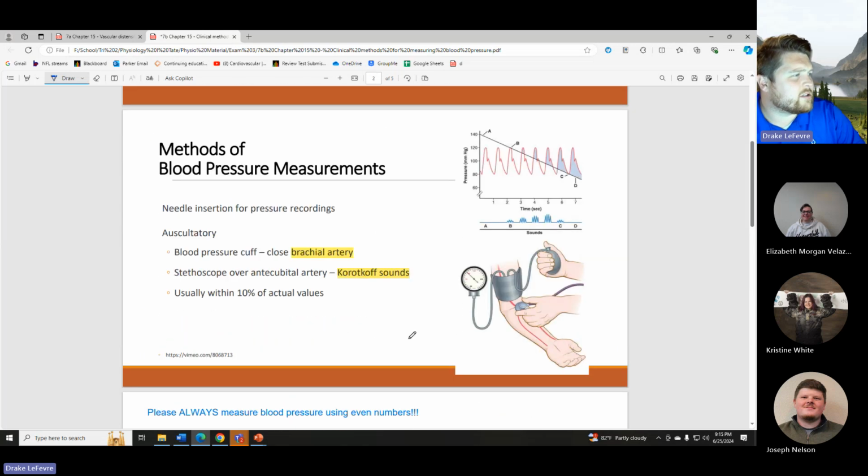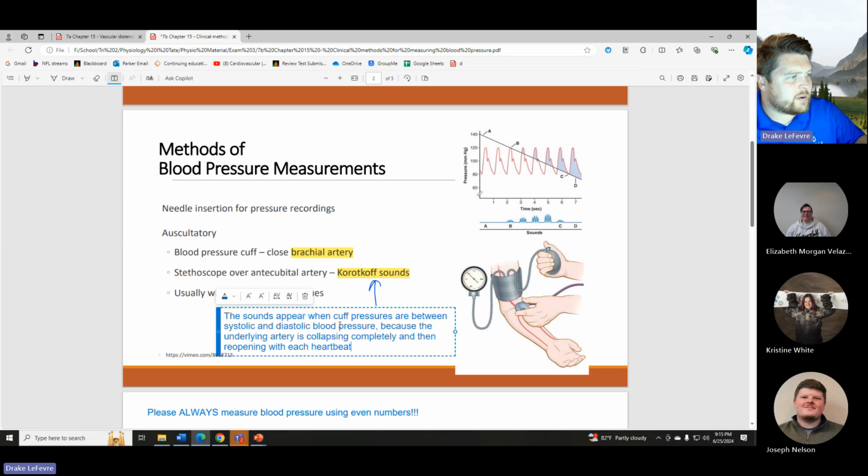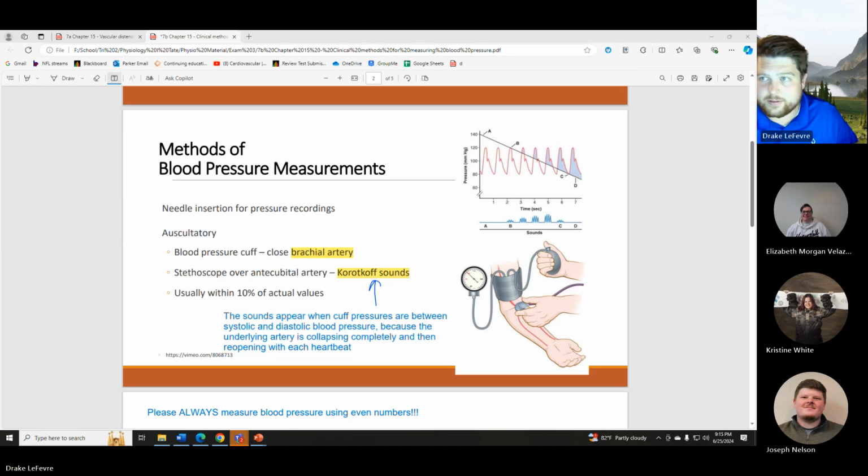Yeah, those are the main things that are going to be on there. Like, hey, what are Korotkoff sounds? What's a good definition for Korotkoff sounds? Sounds appear in the cuff pressure between systolic and diastolic blood pressure because the underlying artery is collapsing due to the pressure from the cuff, and then reopening with each heartbeat.